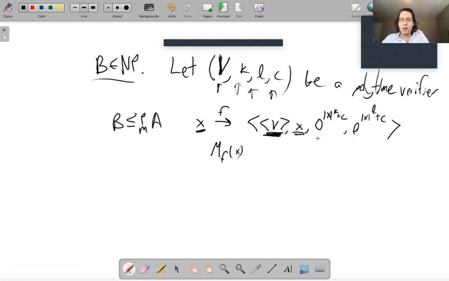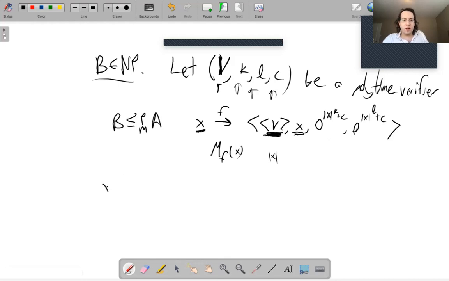That's not hard. Then we just need to compute the size of X to the K plus C and write down that many zeros, and the size of X to the L plus C. That is polynomial time, writing down polynomially many zeros, so that's polynomial time in the size of X. So this mapping function f can be computed in polynomial time.